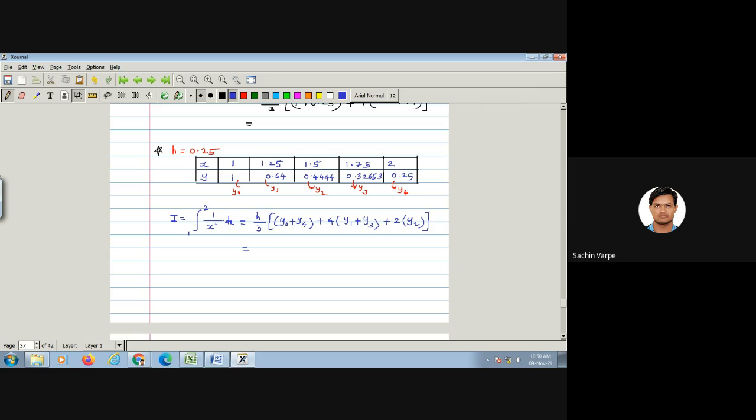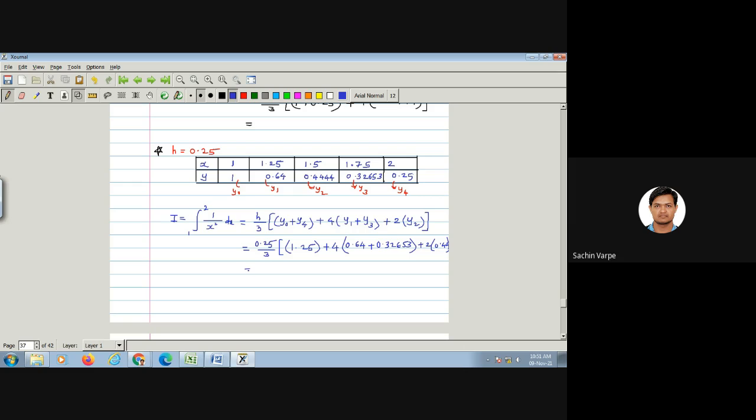So substitute the values. You can check, you will get the same answer by the actual integration. The actual integration will be minus 1 by x, from 1 to 2. So substitute the values of these ordinates here: 0.25 upon 3 into 1.25 plus 4 into y1 plus y3, that is 0.64 plus 0.32653, plus 2 times y2, that is 0.4444.